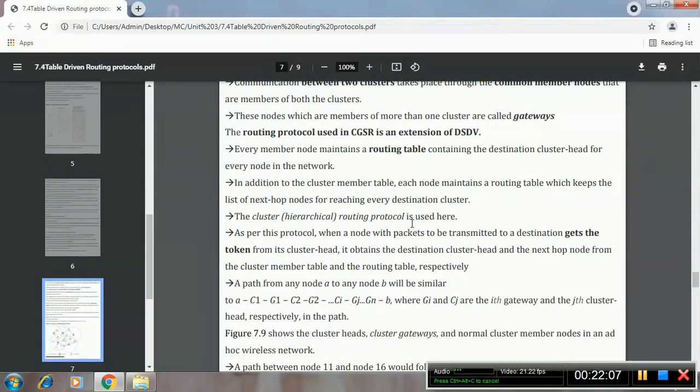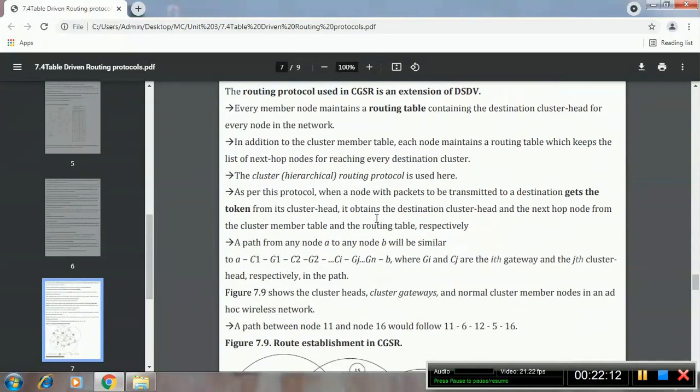The cluster routing protocol used here is a hierarchical routing protocol; cluster means it is in hierarchical form. As per this protocol, when a node with packets to be transmitted to a destination gets the token from its cluster head, it obtains the destination cluster head and the next hop node from the cluster member table and the routing table respectively.